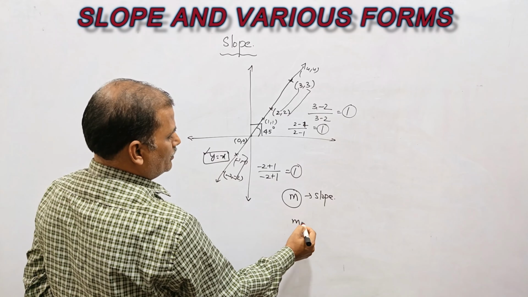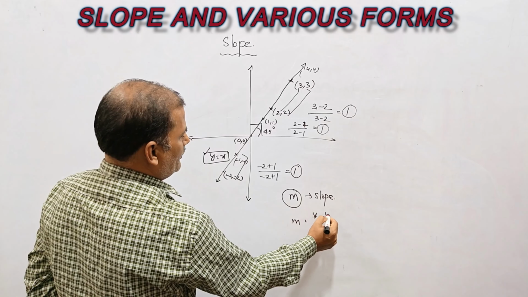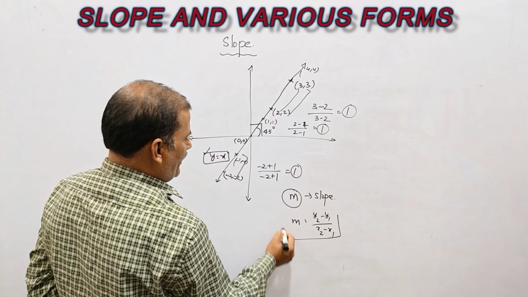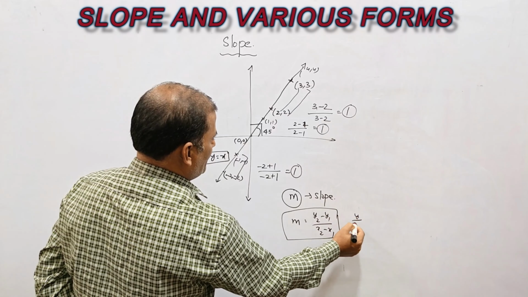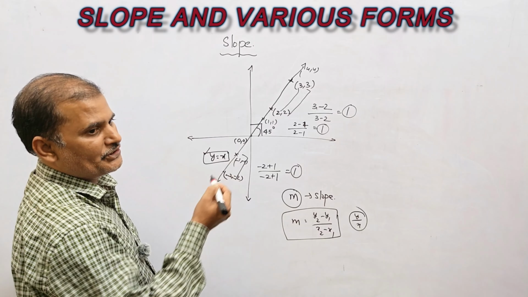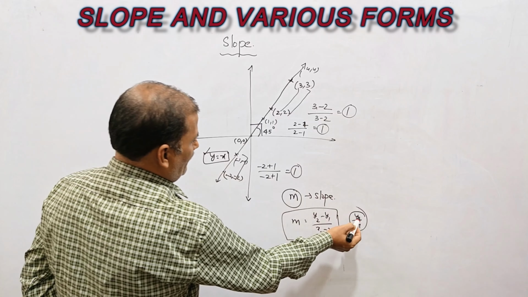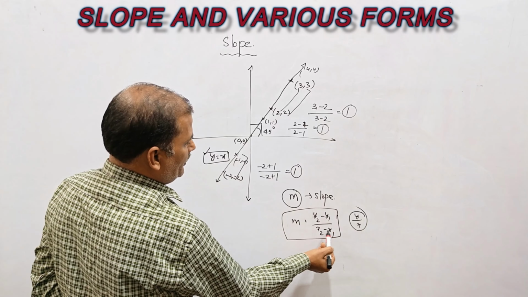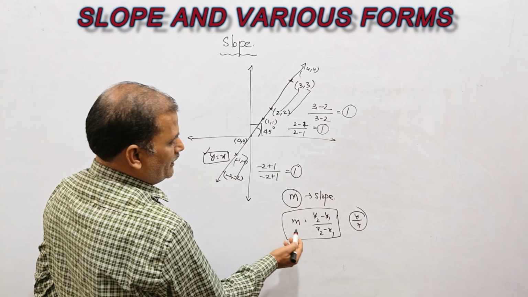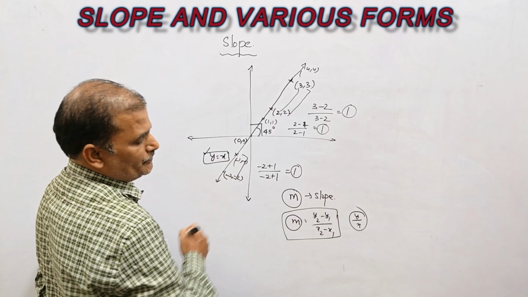And m is equal to y2 minus y1 by x2 minus x1. This is in the form of y by x formation in trigonometry. In trigonometry, you choose opposite side by adjacent side, y by x. The same way here, y2 minus y1 by x2 minus x1, the difference of y coordinates by the difference of x coordinates. Therefore, it is treated as m.